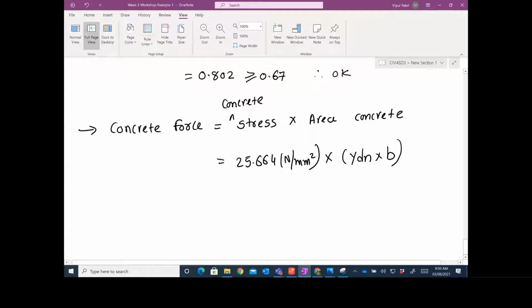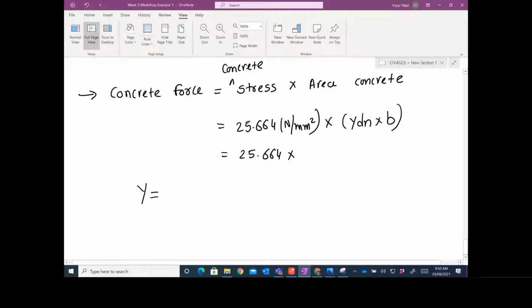Now let me go back and substitute all the required values. We have 25.664 times gamma. Gamma we need to find. I will write down this equation and show you where I have written it from: gamma equals 0.97 minus 0.025 f'c, and gamma should be greater than 0.67.